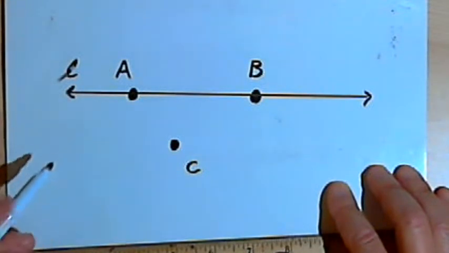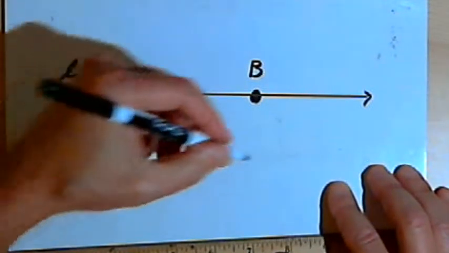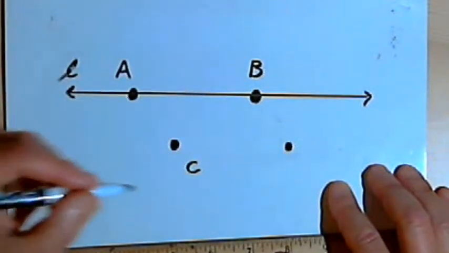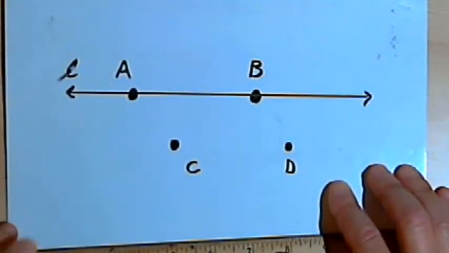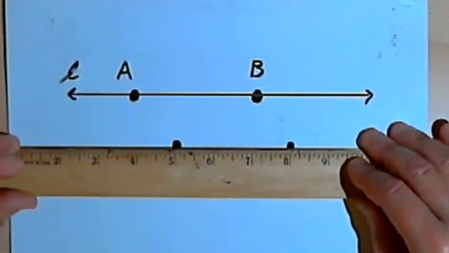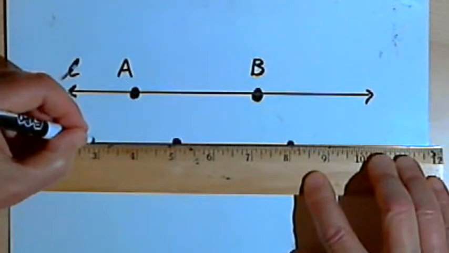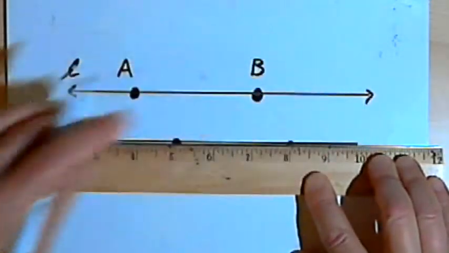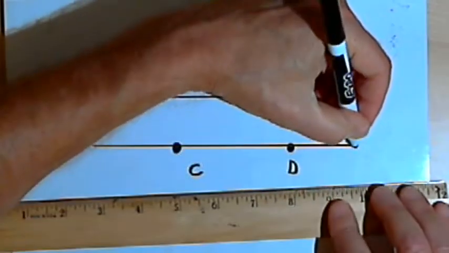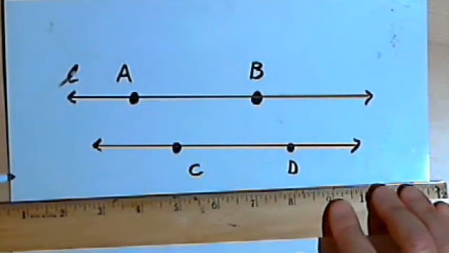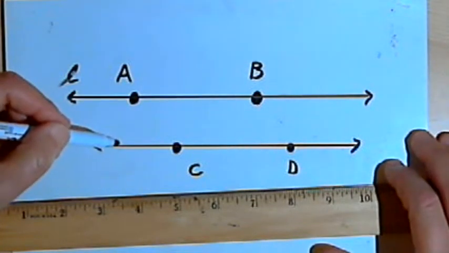Now, I can add another point to this picture. I'll add point D over here, and I'm going to draw a second line. I'll draw line CD. Now, when I draw that second line, those 2 lines may be parallel.